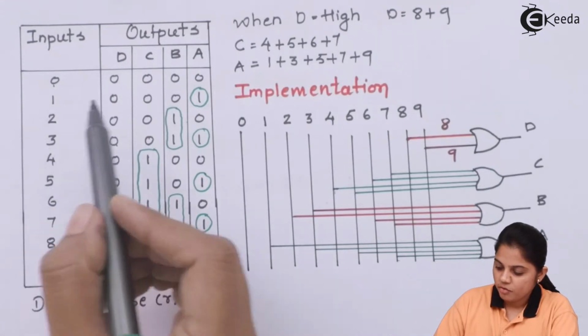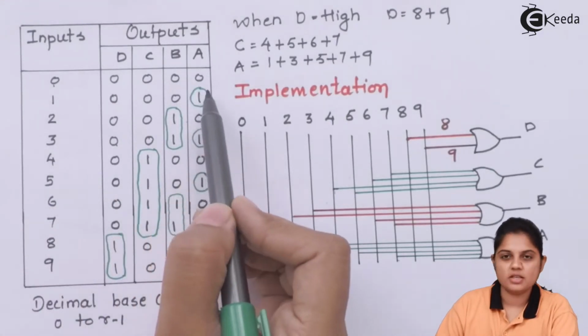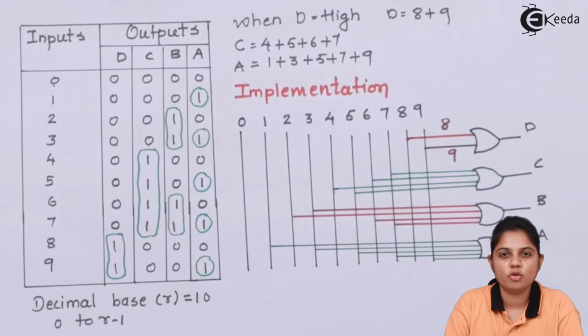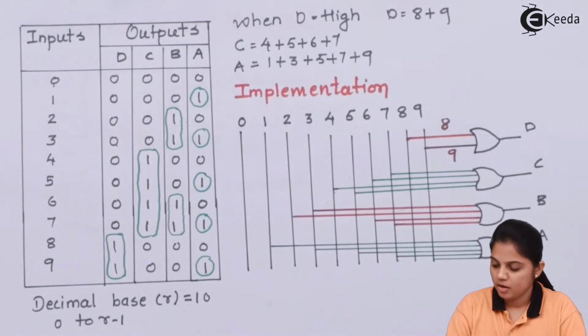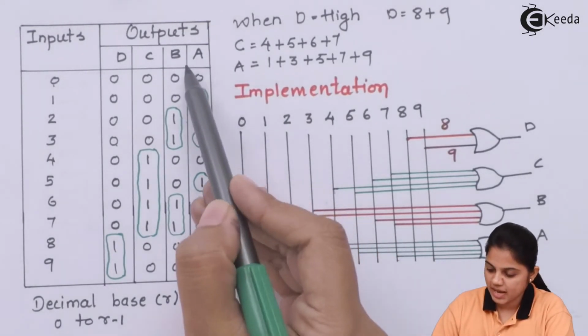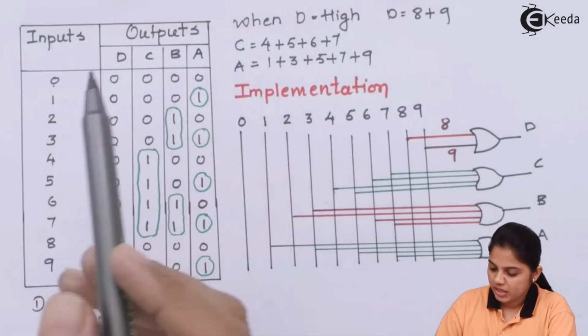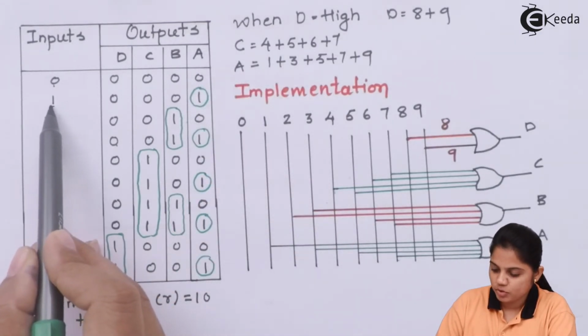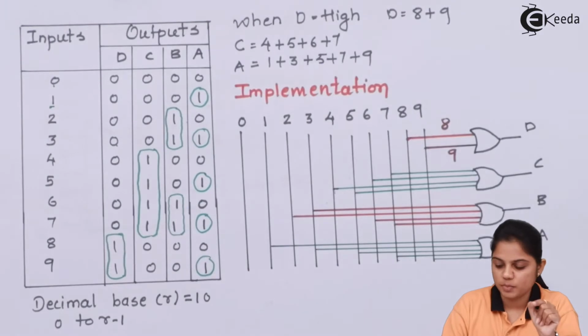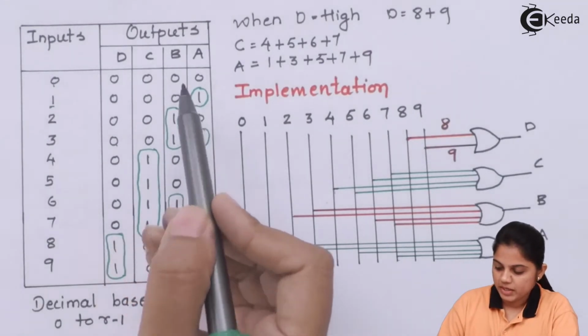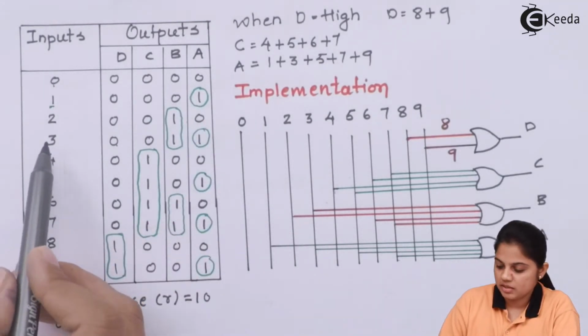Now you can see that when the output is 1, you have to check the high output for that particular output line. For example, if the line is A, that is the first output line, here for 1 as a decimal input, that means if switch number 1 is pressed, then it is high. If switch number 3 is pressed, then it is high.